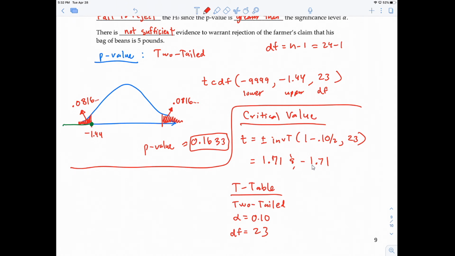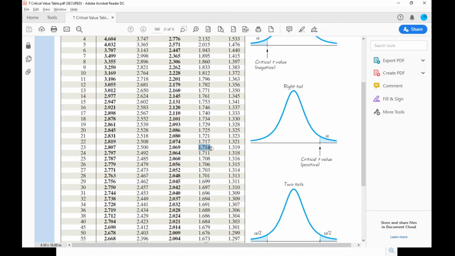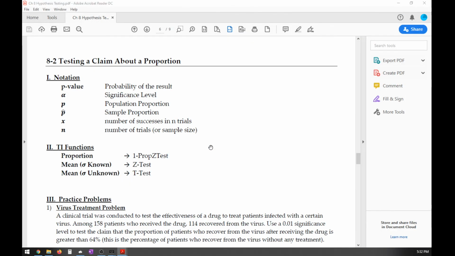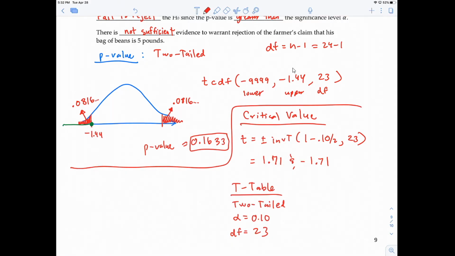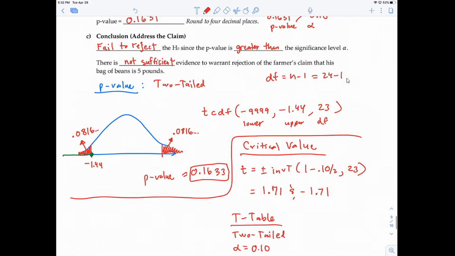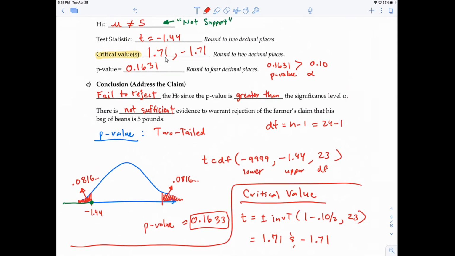Theirs has it to 3 decimal places. Follow the round-off instruction for what the question is asking. So that's going to be 1.71. But know that because this is a two-tailed test, there's the positive one and a negative one, right?